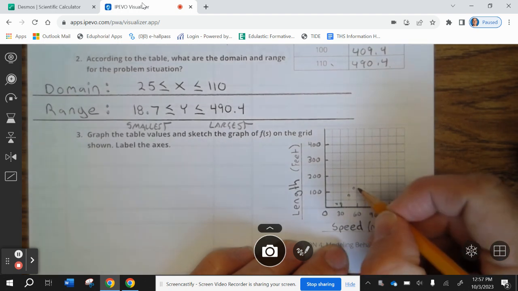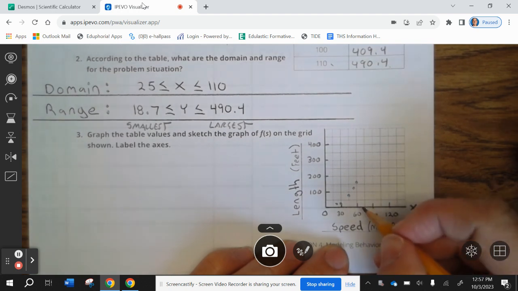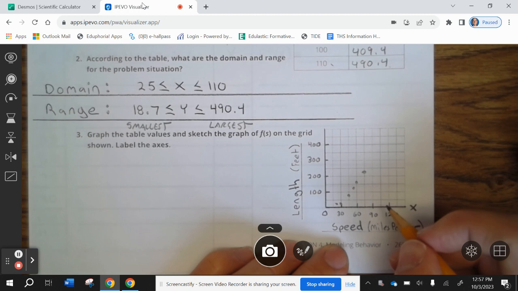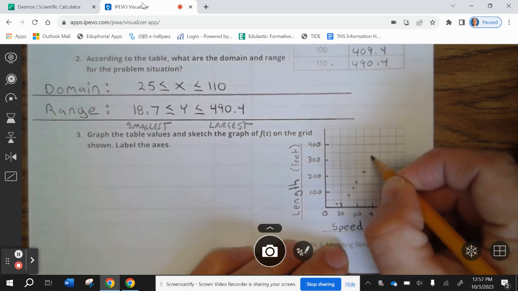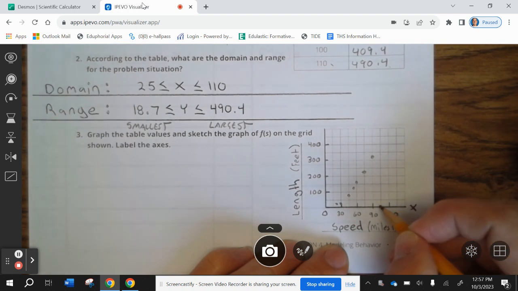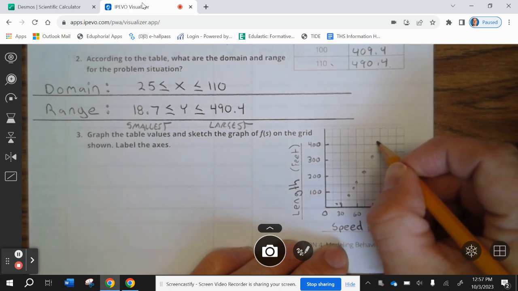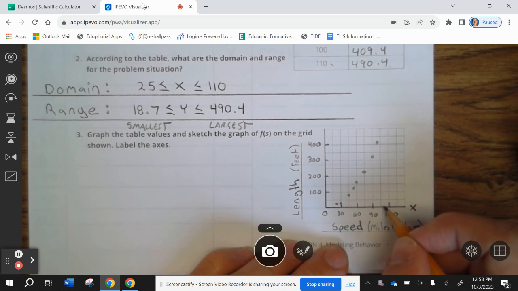And then 60, 153, which is about right here. Again, we're just approximating. 75, which is right here. 236. 90 is 335. 100, which is about here. And then 110.